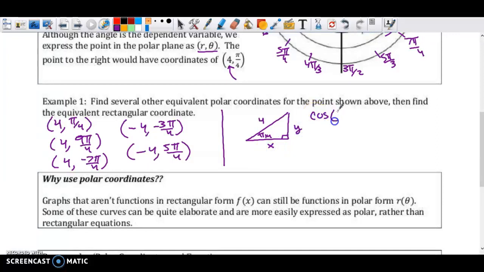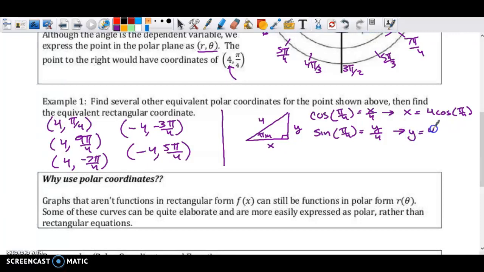Well, what's cosine pi over 4? That would be x over 4, adjacent over hypotenuse. Sine would be y over 4. And if you rewrite that, you can multiply both sides by 4. You would get x equals 4 cosine pi over 4.